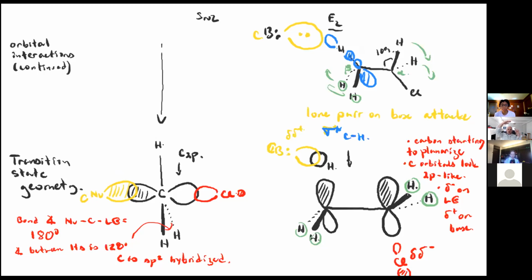And it's a continuous transition. So how does it get there? It gets there in little increments as you start to change the geometry. If you were calculating it, trying to quantitate it, at various points along the pathway, all of these in the middle would wind up being in between, but they would start to look a little bit more like sp2 as you got closer to the transition state.